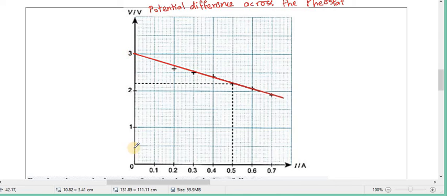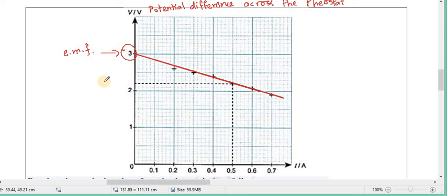So at this reading, when the current is 0, the resistance of the rheostat is so high that all of the potential difference goes to the rheostat. So that means this number 3 is the EMF.